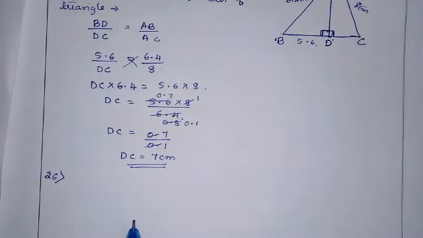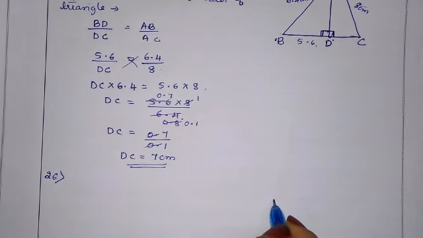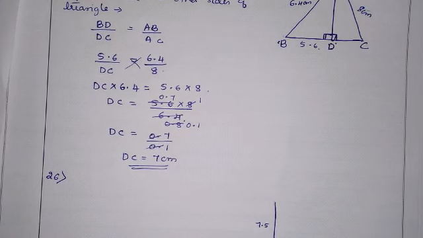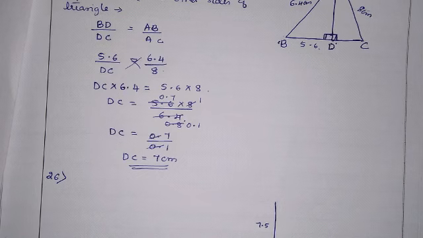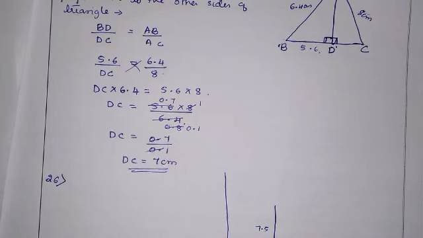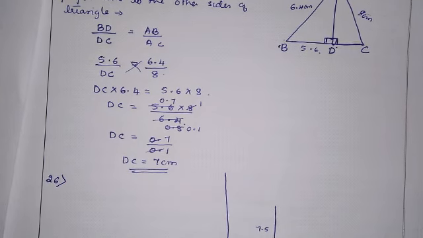I'll draw this: a vertical pole of length 7.5 meter casts a shadow 5 meter. And on the same ground another tower, which will be bigger than the pole, casts a shadow.